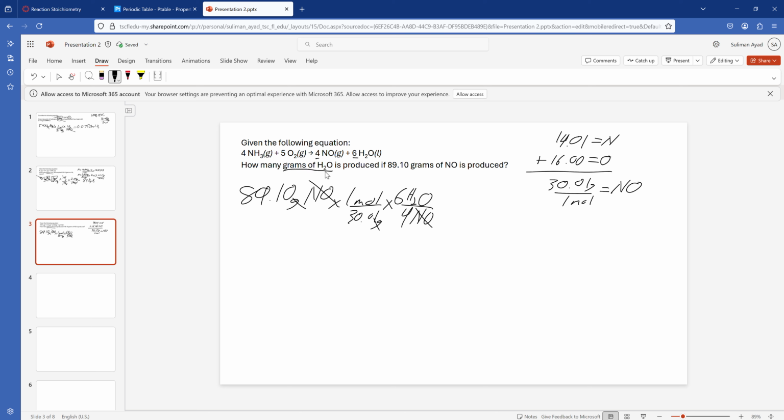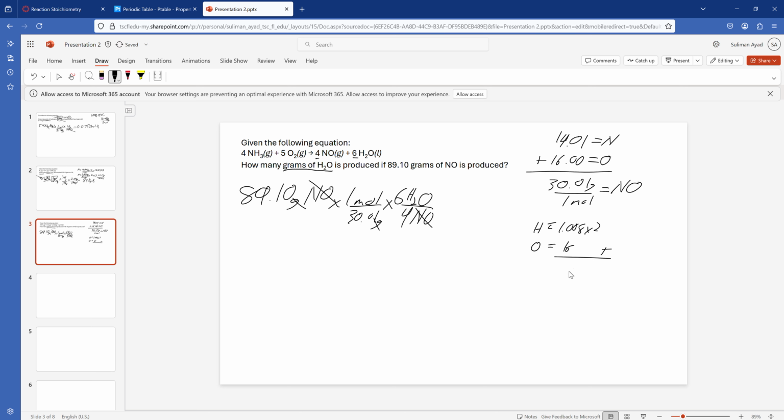Luckily, we know how to convert between grams and moles. We need the molar mass. The molar mass for water is 1.008 times 2. That's the molar mass of hydrogen. And then we need, for the oxygen, it's 16.